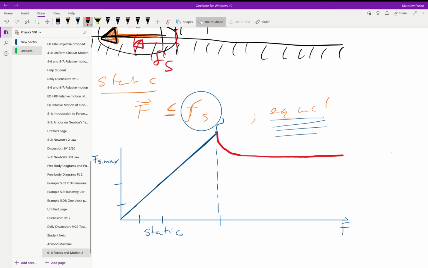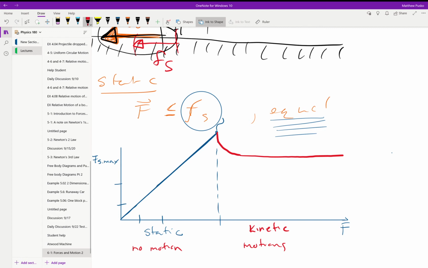So this is what we will call the kinetic friction. And just based on the word, static means no motion, and kinetic literally refers to things that have motion.